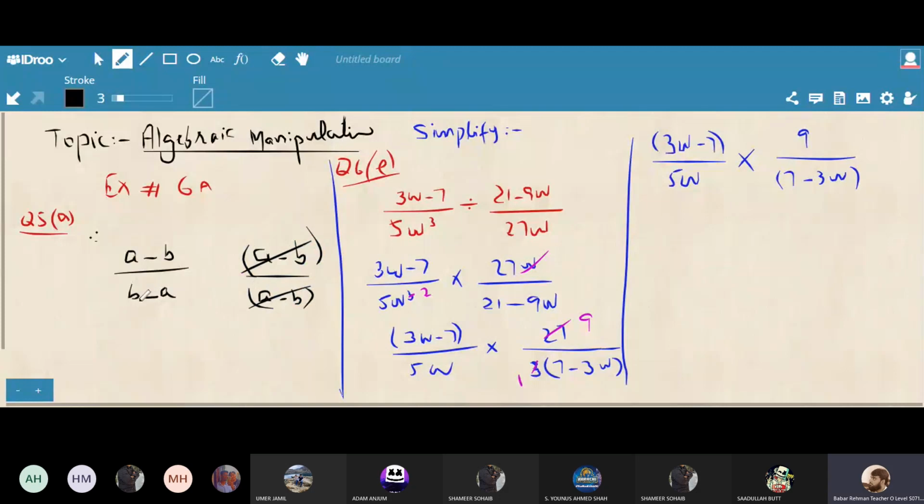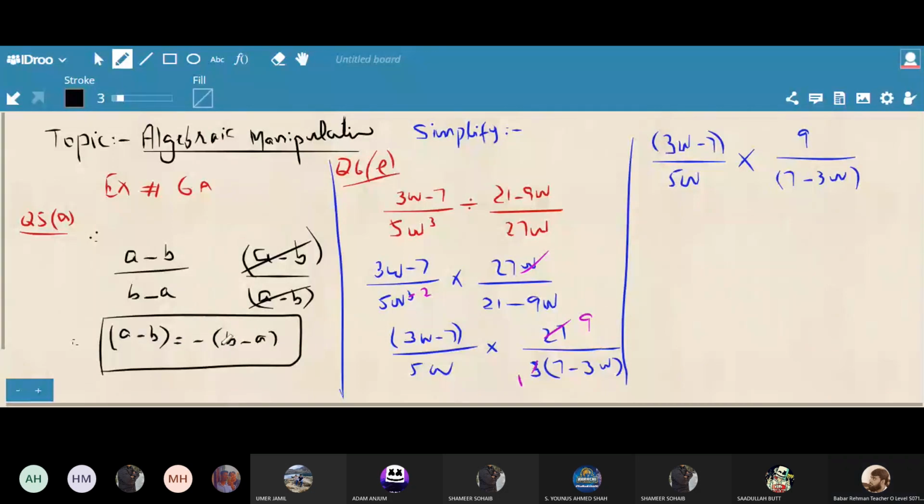But over here, if I want to make B minus A, what can I do? Use the identity that A minus B is equal to minus (B minus A). This is equal to this. This is the identity: when you take minus common, it will be the same. If you multiply this, it will be equal to minus B and minus minus plus A. Look, the signs are the same now.